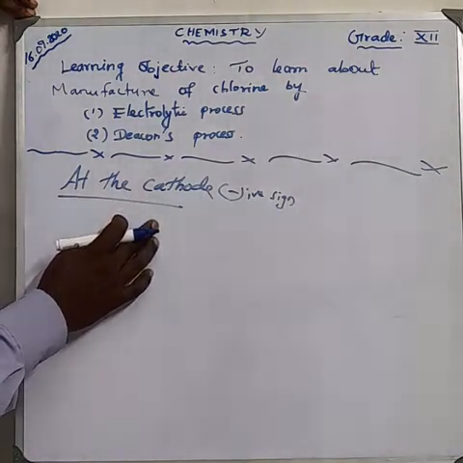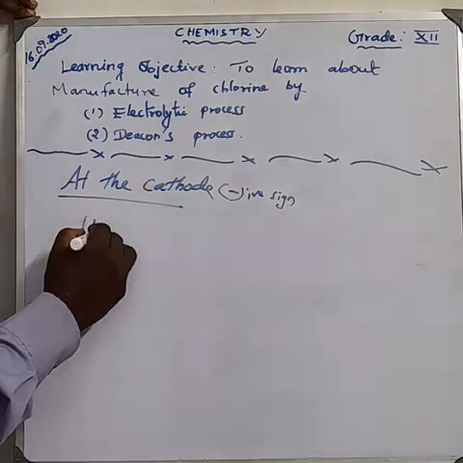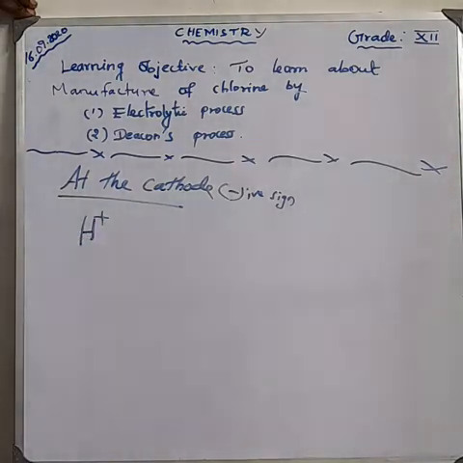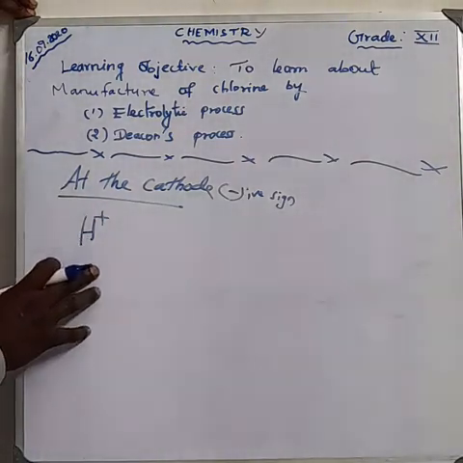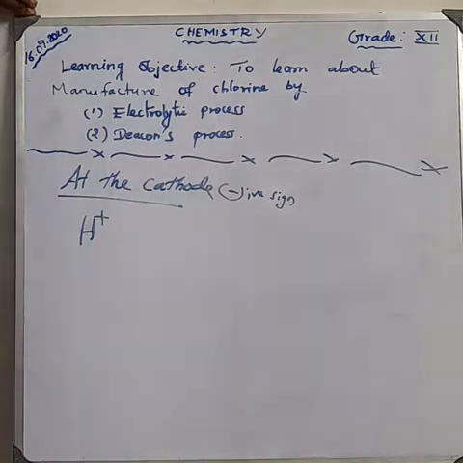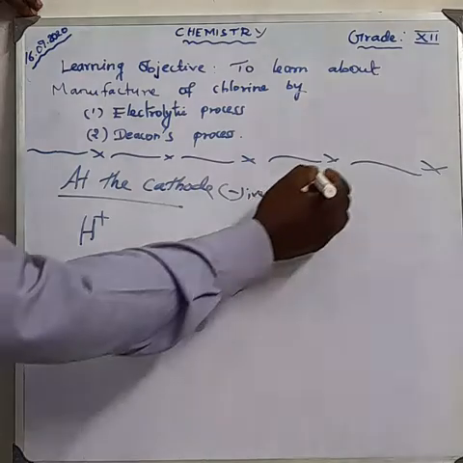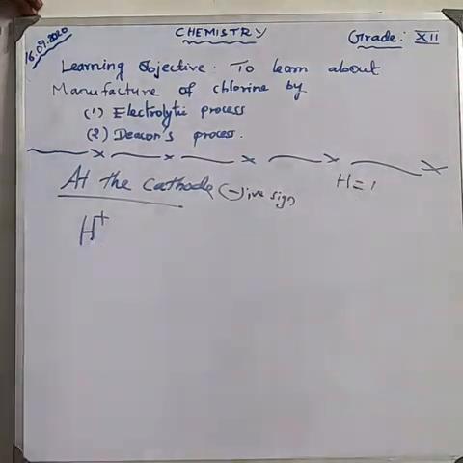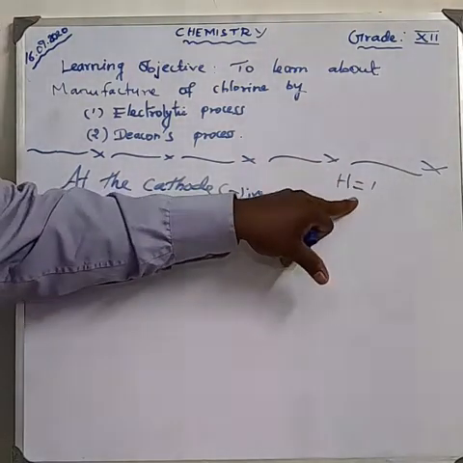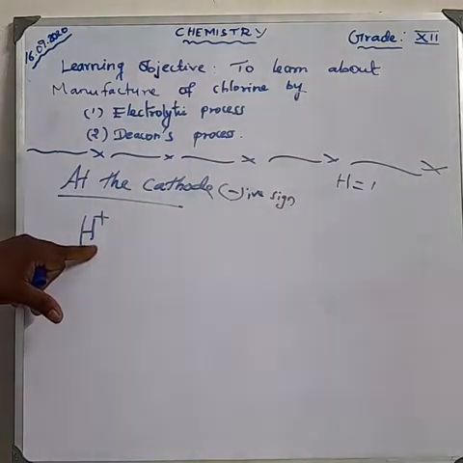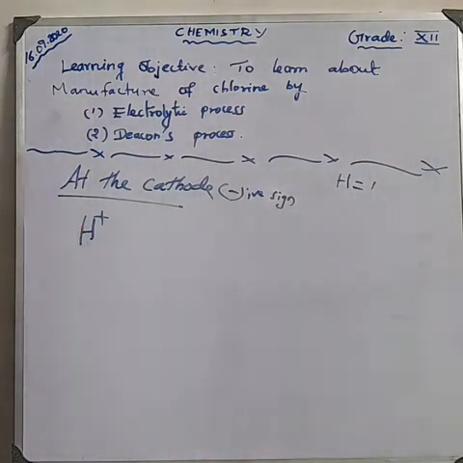Here, the reaction occurring involves H plus ions. What is the meaning of H plus ion? It means it lost one electron. Hydrogen has atomic number 1, so only one electron; it is already lost, so it becomes H plus.